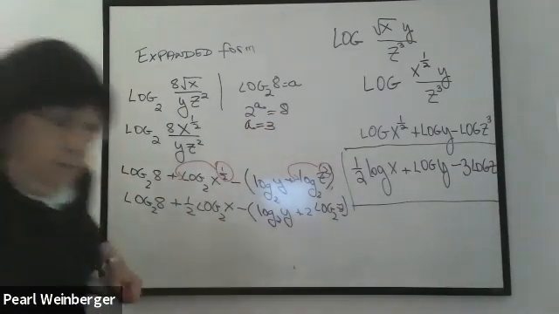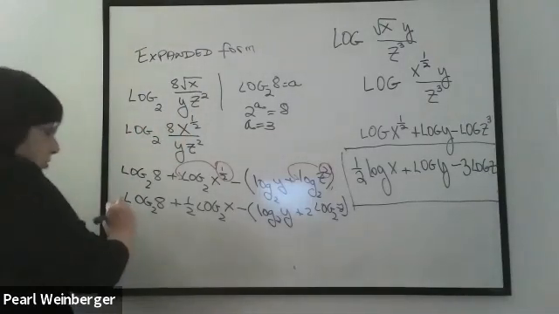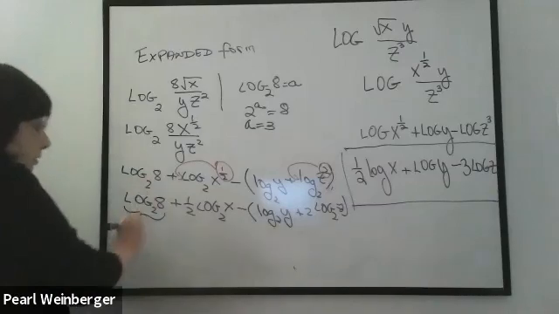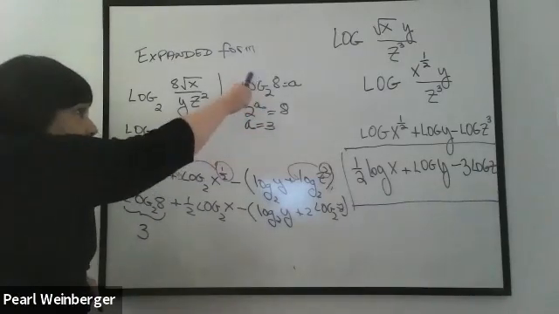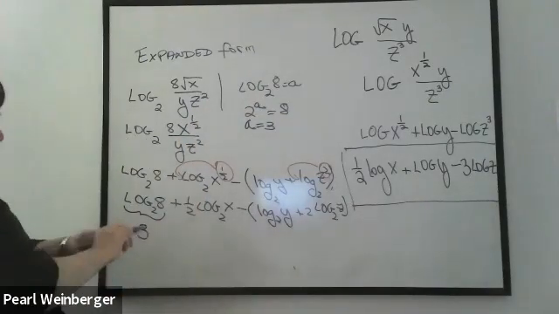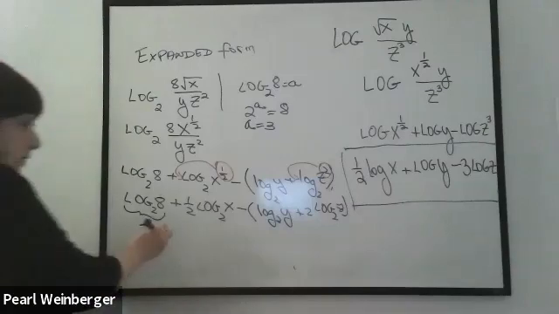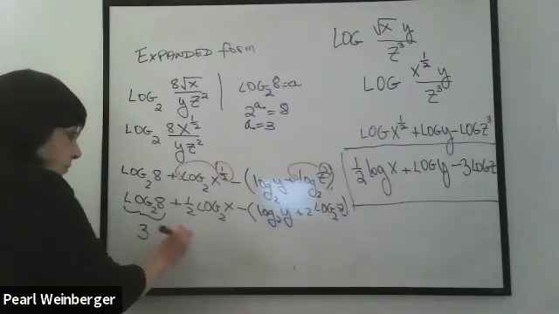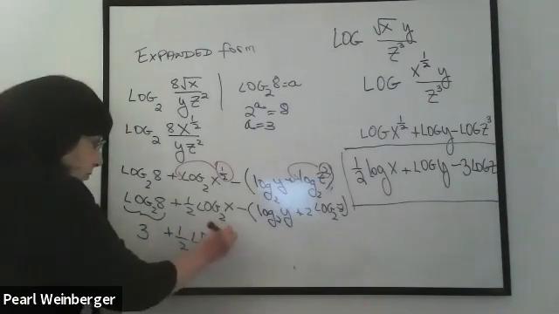So I can simplify log base 2 of 8 to just the number 3. Remember, that's what my a is. So this becomes just the plain number 3 plus 1/2 log base 2 of x.